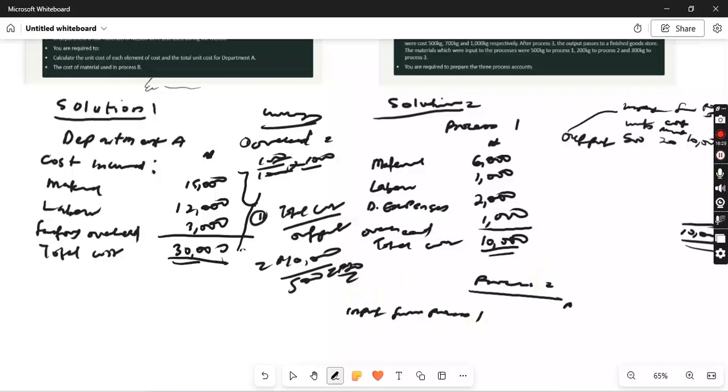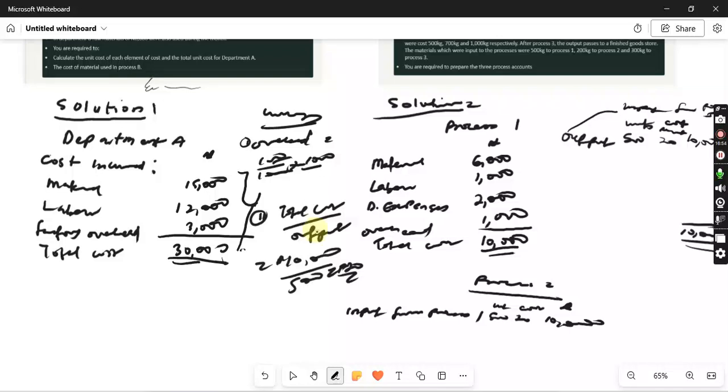What's the value of our input from process 1? Which is 500 times 20, which is 10,000. That is 500 units at a cost of 20 per unit.